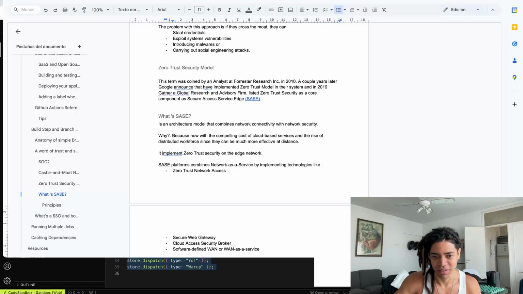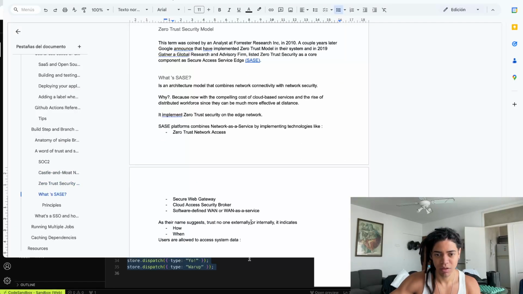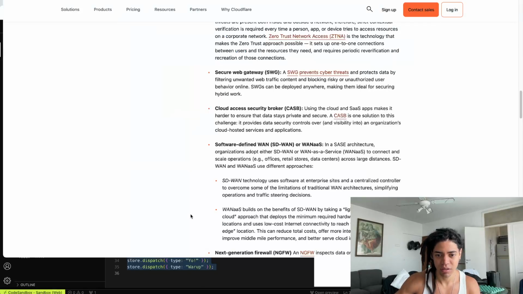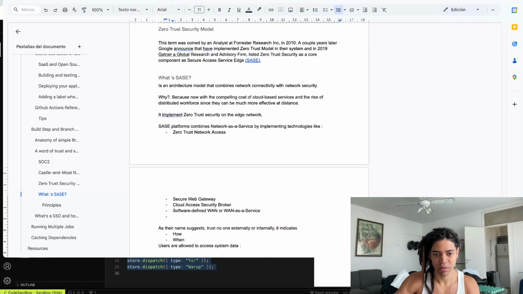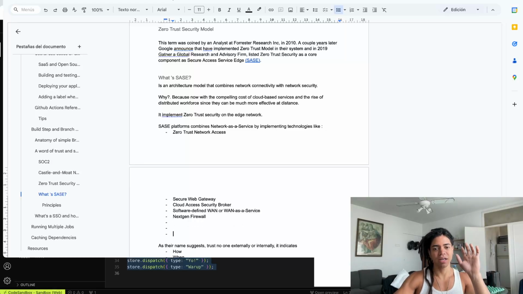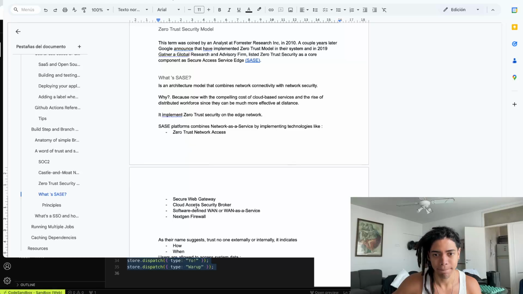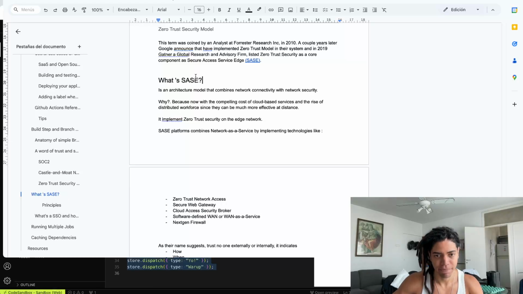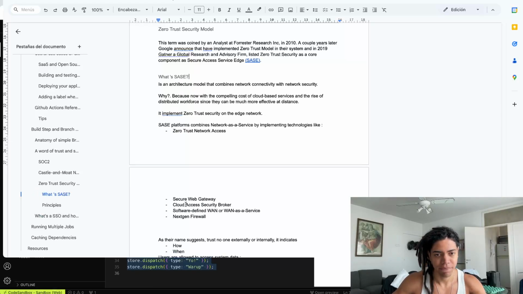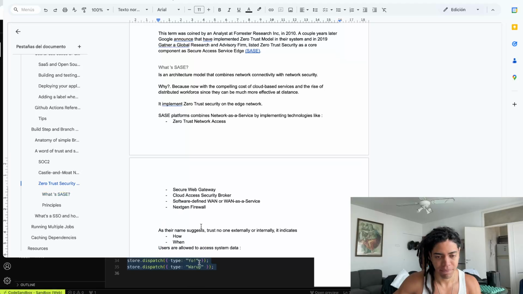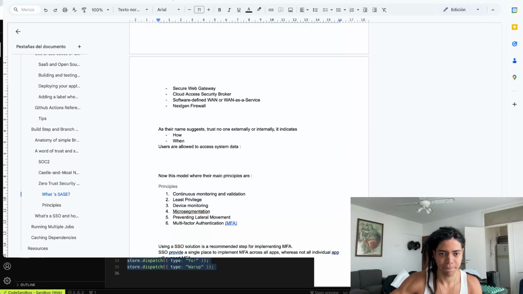And next-generation firewall, which I think is quite relevant to the zero trust model.